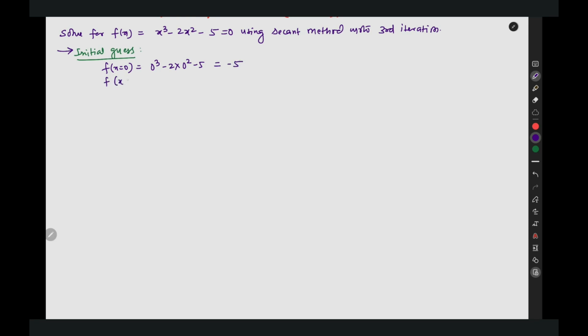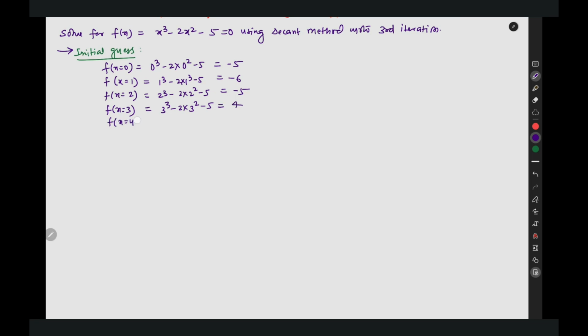F of 1 is 1 cube minus 2 into 1 square minus 5, equal to minus 6. F of 2 is 2 cube minus 2 into 2 square minus 5, equal to minus 5. F of 3 is 3 cube minus 2 into 3 square minus 5, so it will be 4.